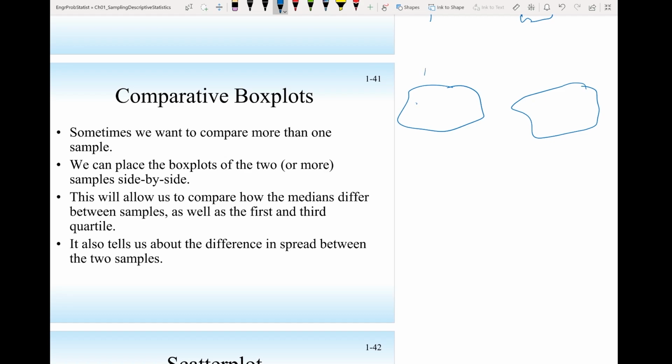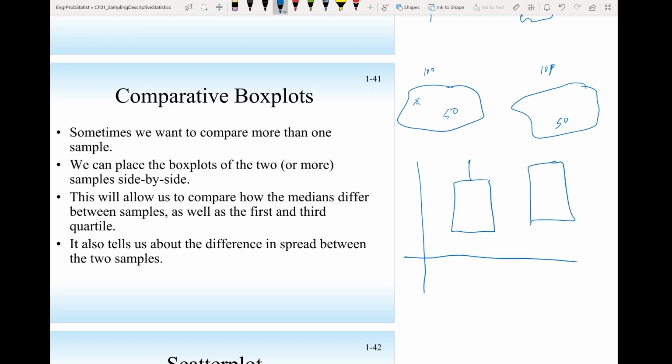Here the mean is 100, here the mean is 101. You collected 50 data points from each of these two machines, and you plot a box plot for this one and another box plot for this one, and then you compare.